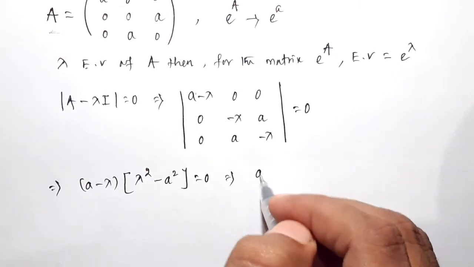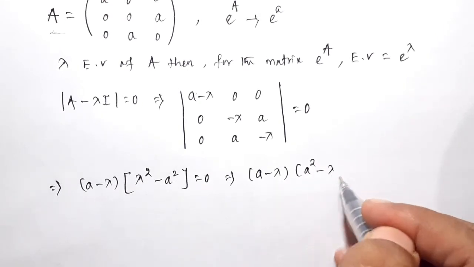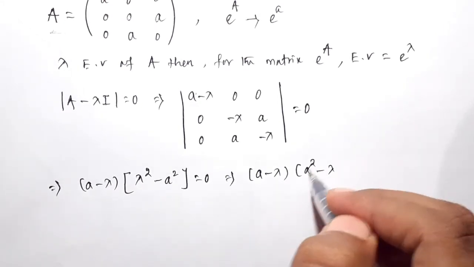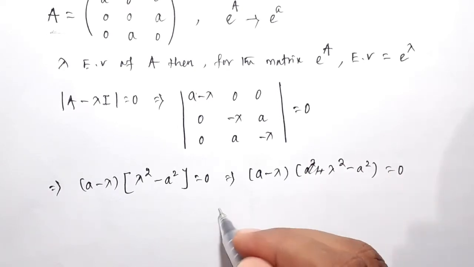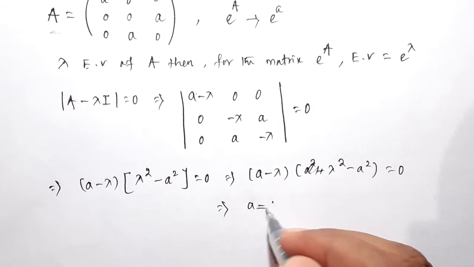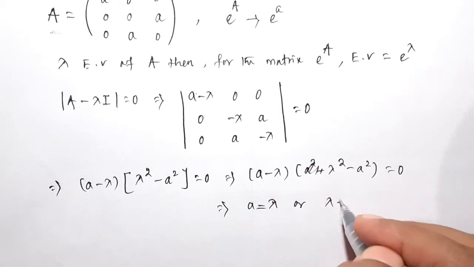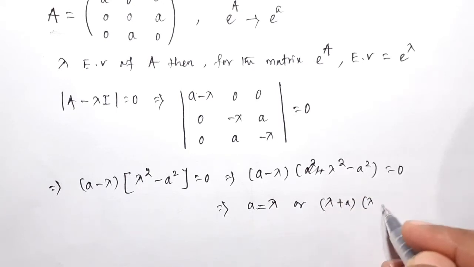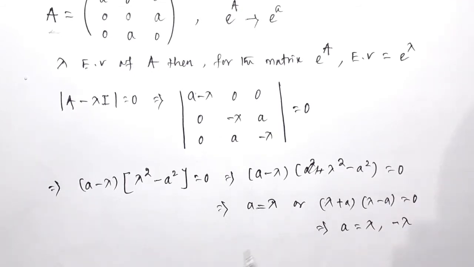That means a minus lambda into lambda square minus a square equals 0. That means a equals lambda, or from lambda plus a into lambda minus a equals 0, lambda equals plus a and minus a also.